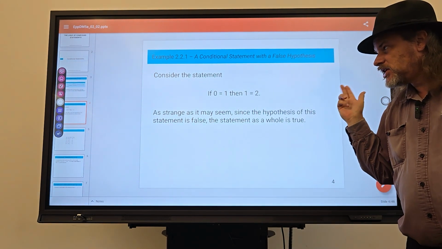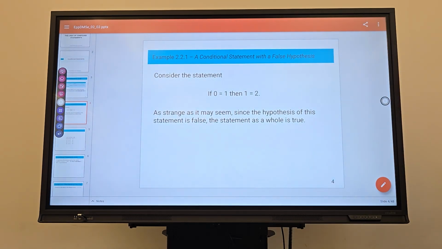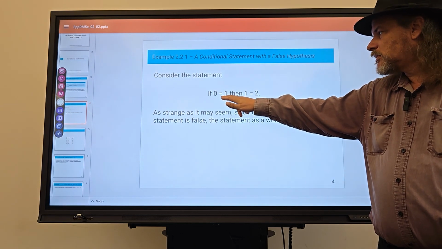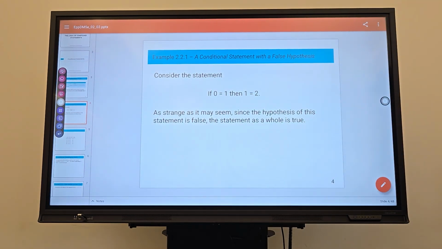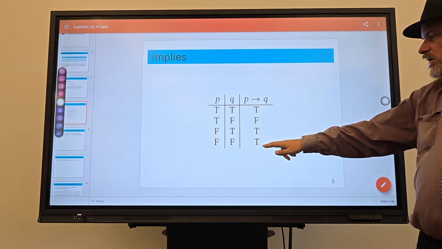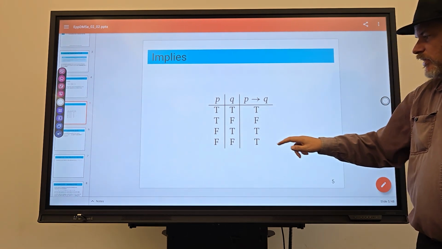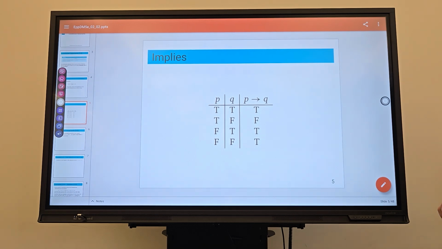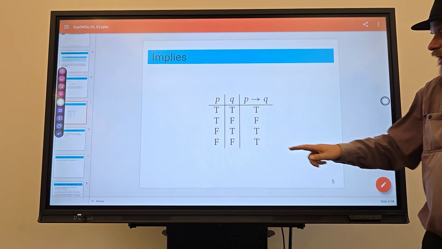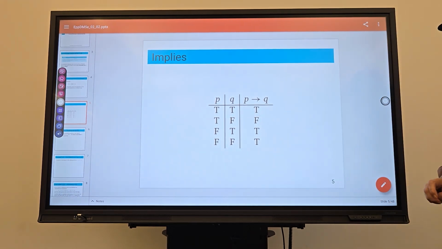Like I said, as strange as it may seem, it is considered true, even though in this case the hypothesis and conclusion are both false. But on the truth table, it is true, or true by default. The only time it is false is when the hypothesis is true and the conclusion is false.